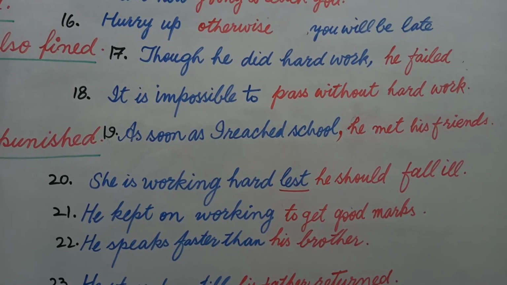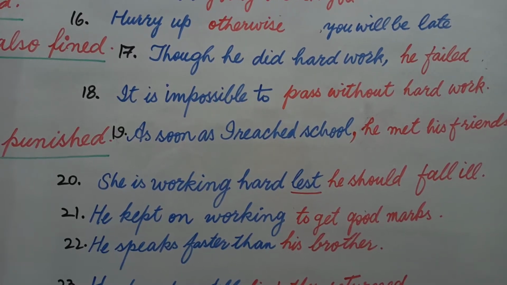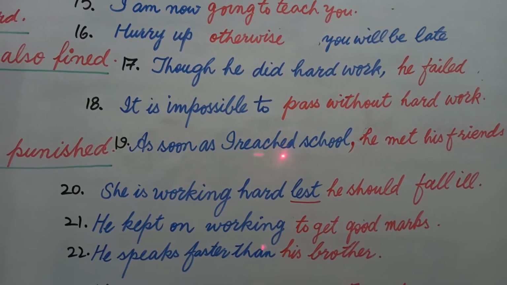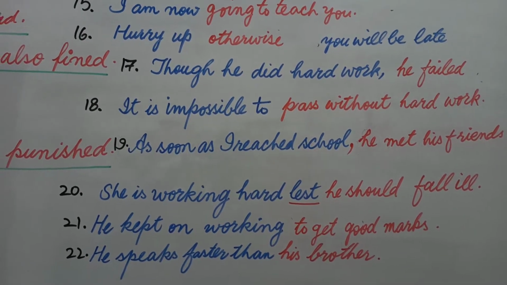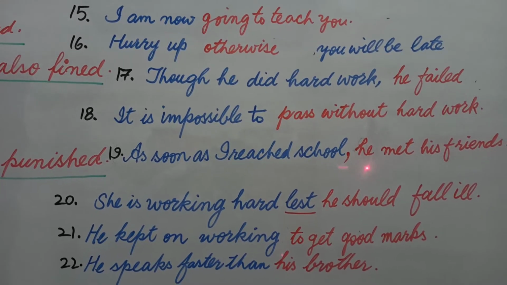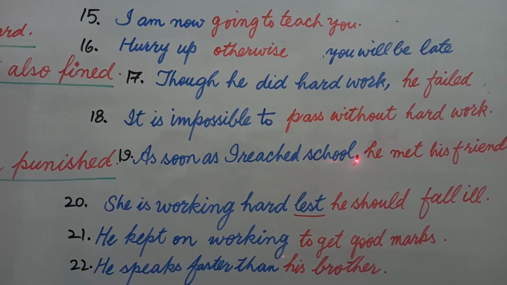As soon as I reached school. As soon as, I have already told you this rule, I explained this rule in the form of "no sooner did." No sooner plus did is equal to "as soon as I," second form, "reached school." Whenever you use "as soon as," you don't use "than." You use "than" after "no sooner," because "sooner" is a comparative degree, and in the comparative degree you use "than."